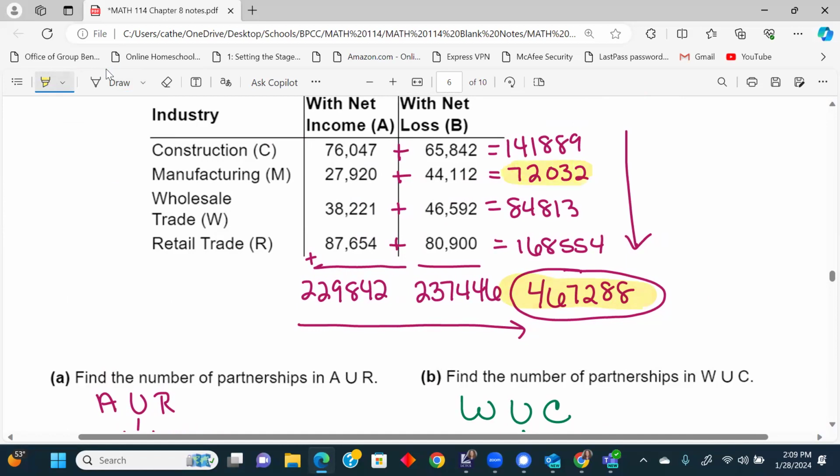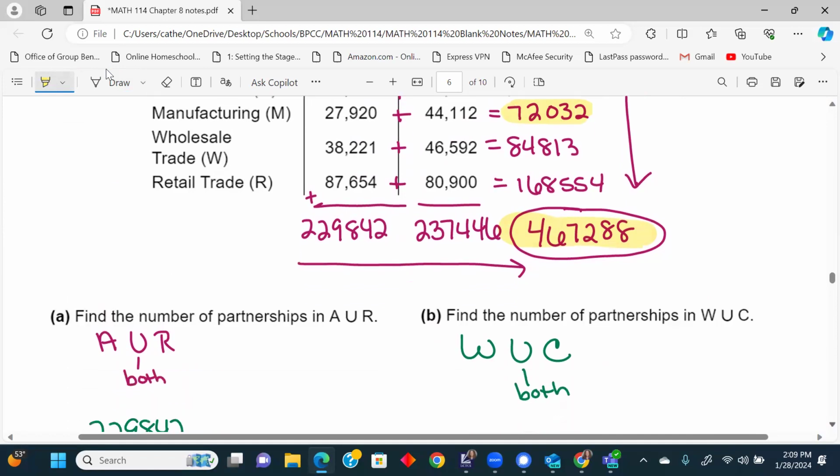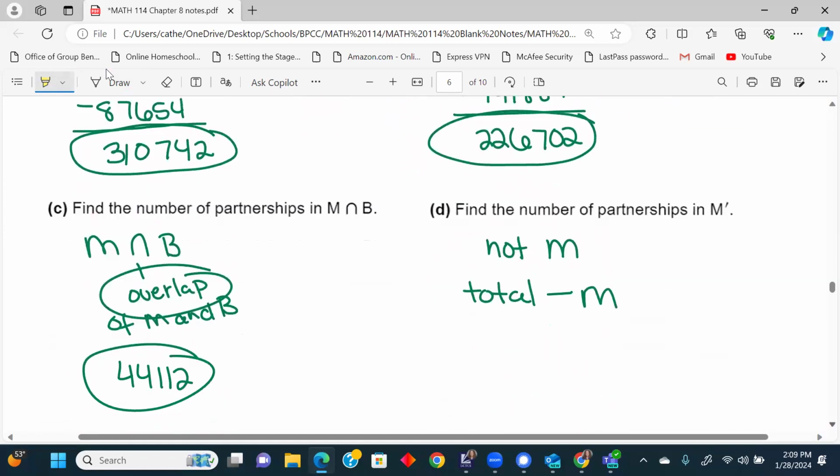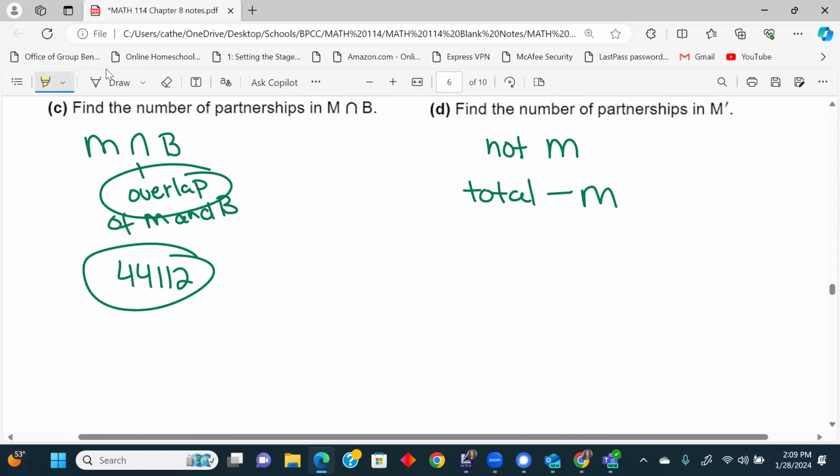So we're going to take the total and subtract M because that would be everything but M. Minus M, which was 72,032.